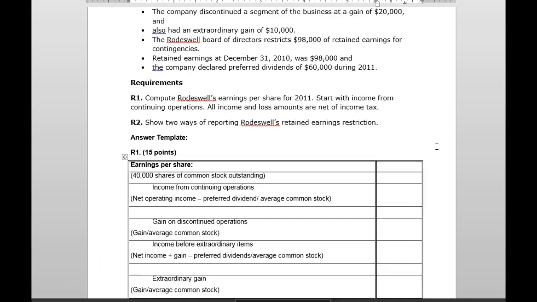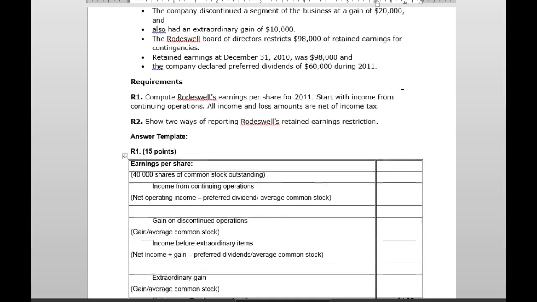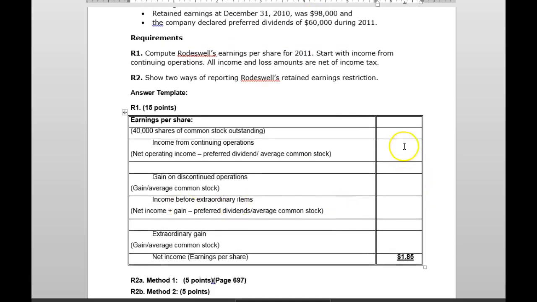Then you're going to go down and look at the gain on discontinued operations, which was $20,000, and that's literally going to be divided by that 40,000 shares. And we'll make an entry here. And then you'll add these two to give you the earnings per share on income before extraordinary earnings.